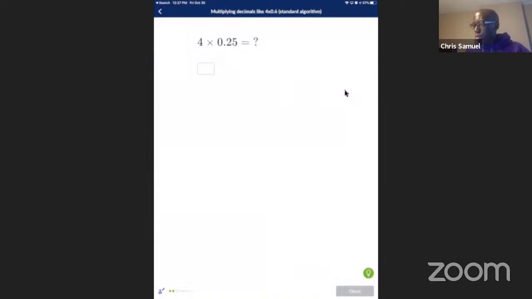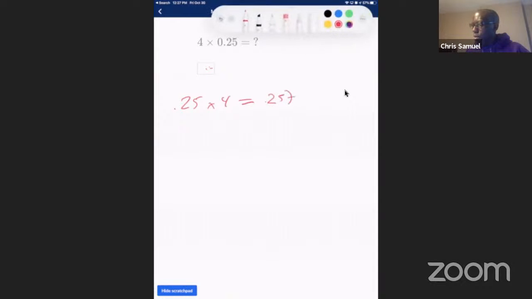Now this is great. It's a very even number because it's like 4 quarters equals $1. So we could just say 25 times 4 is equal to 100, so 1.